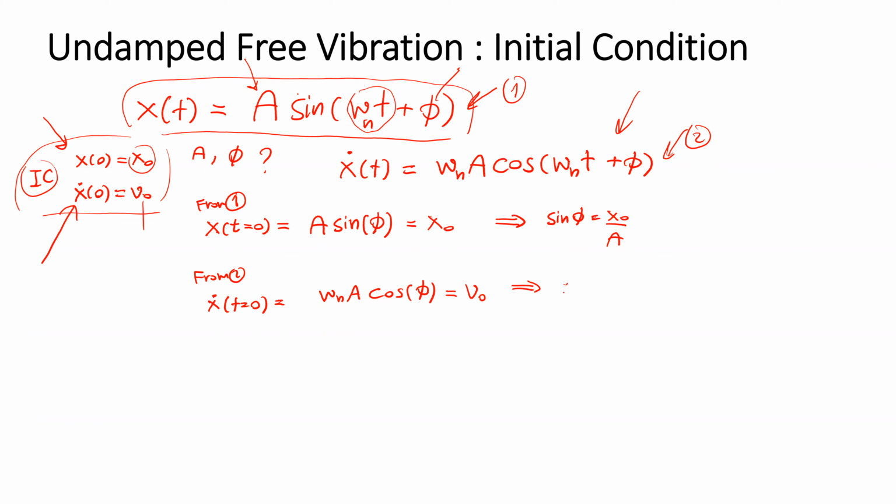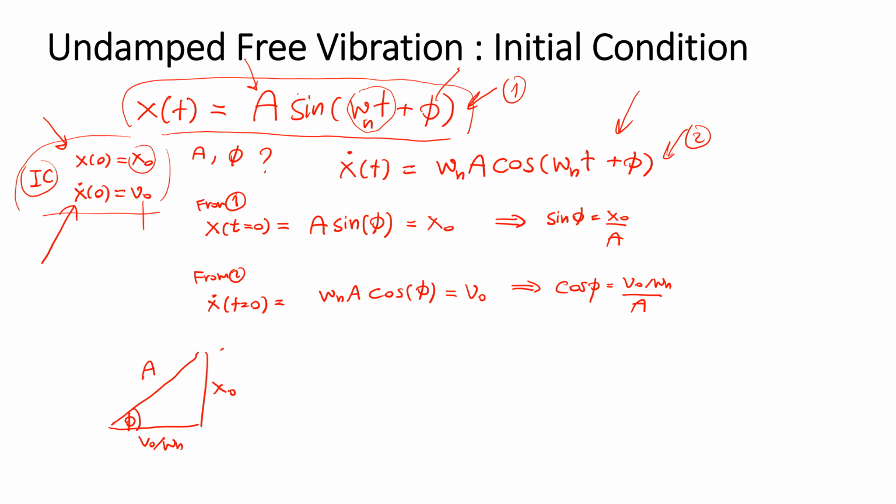So the cosine of phi is V0 per omega n per A. So we have a triangle with the phi angle, and the sine of the phi angle is x0 per A. The cosine of the phi angle will be V0 per omega n.